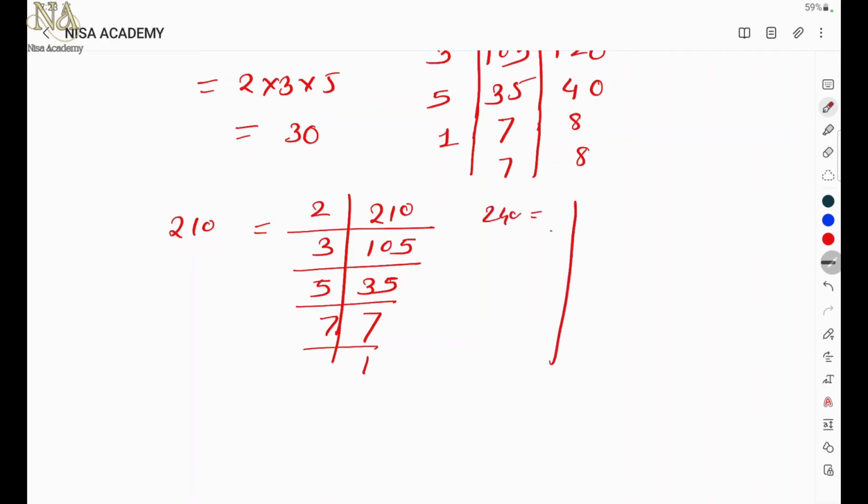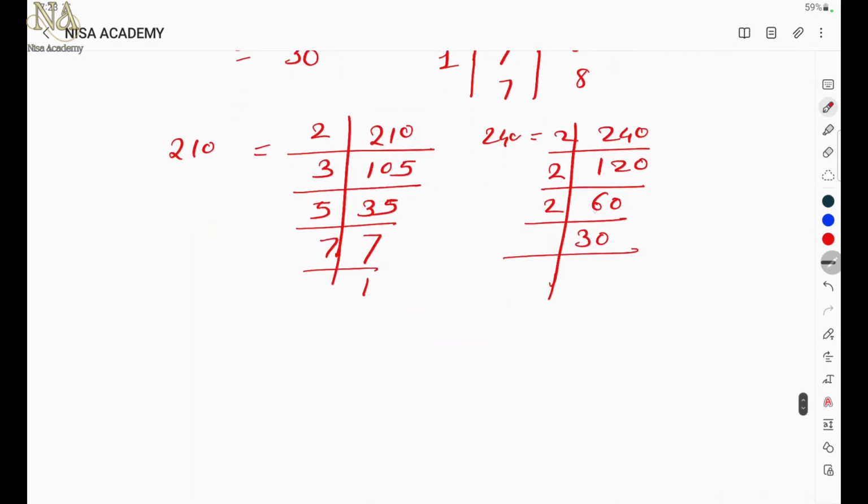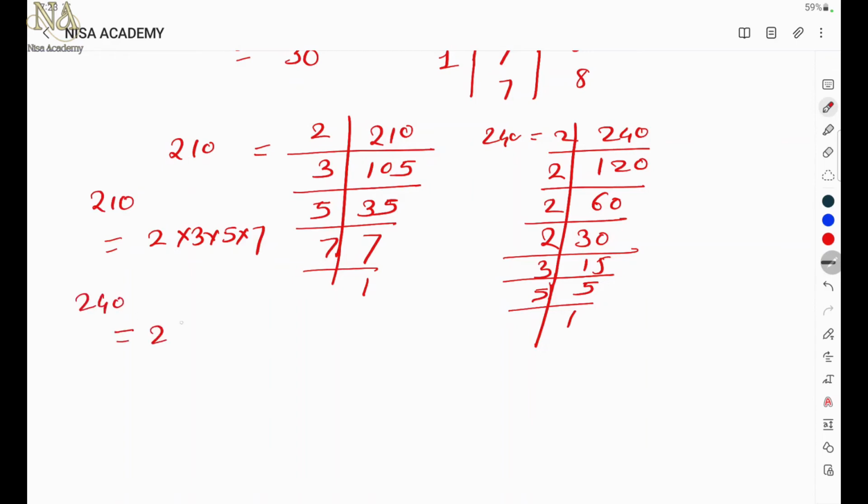So 240, 2 twenties are, 2 sixes are, 2 threes are, okay, then 2 15s are, 3 fives are, and 5 ones are. So I will write this as 2 into 3 into 5 into 7, this is 210 here, okay, and 240 is what? 2 raised to 4 into 3 into 5.